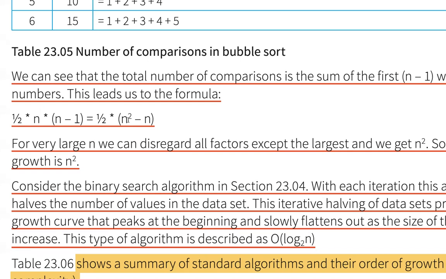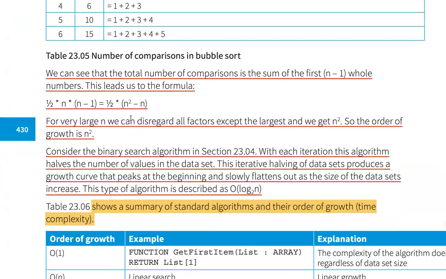If I have a large value of n, this n square will cause a huge number of comparisons. This subtraction of n really doesn't have that much effect because it's just n, whereas this n square, because of the square itself, causes a huge change of comparisons.